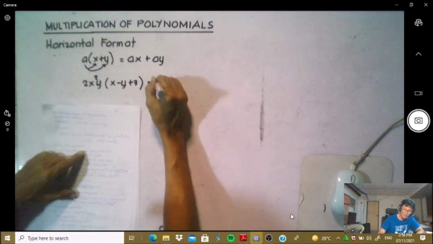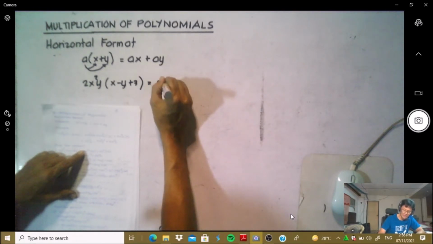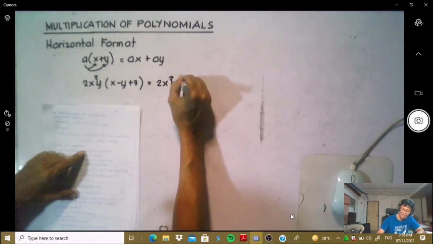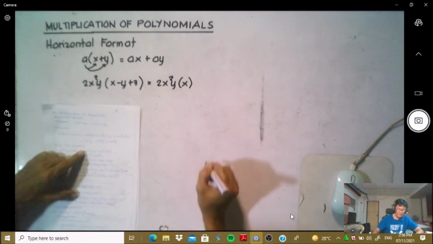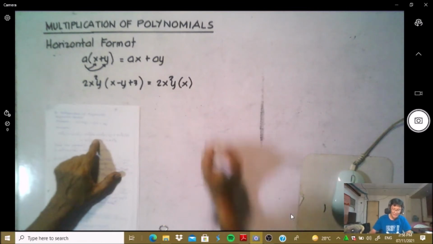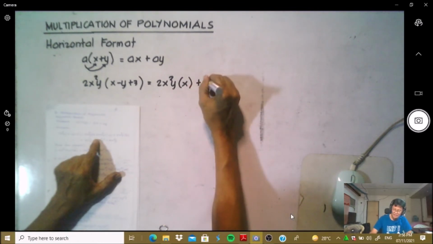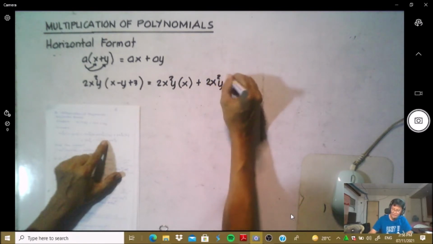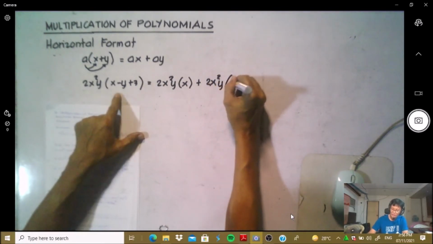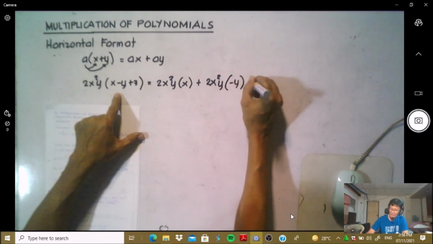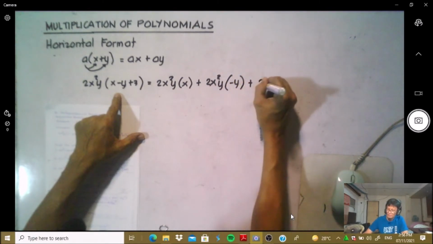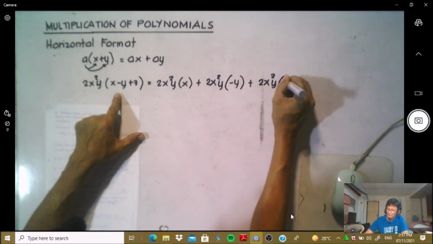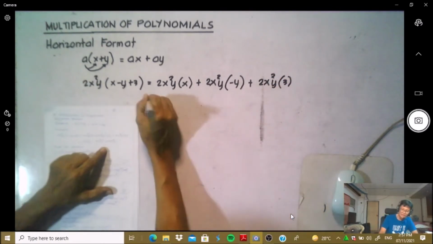So we have 2x squared y multiplied by x, plus again 2x squared y multiplied by negative y, plus 2x squared y multiplied by 3. And let us now expand.